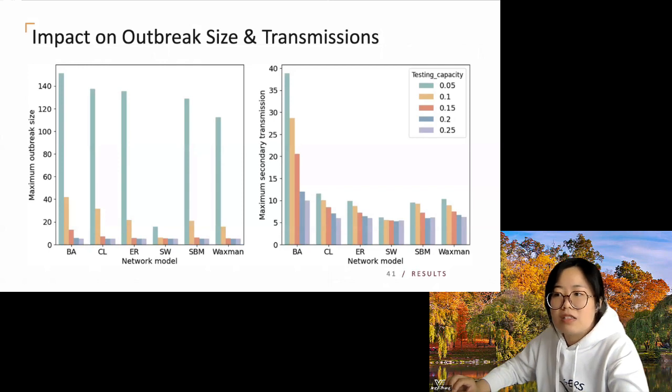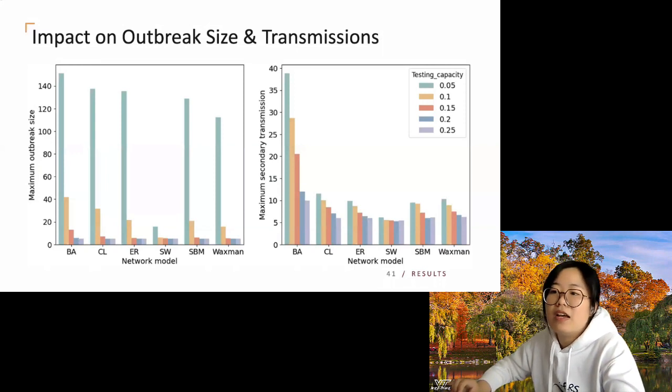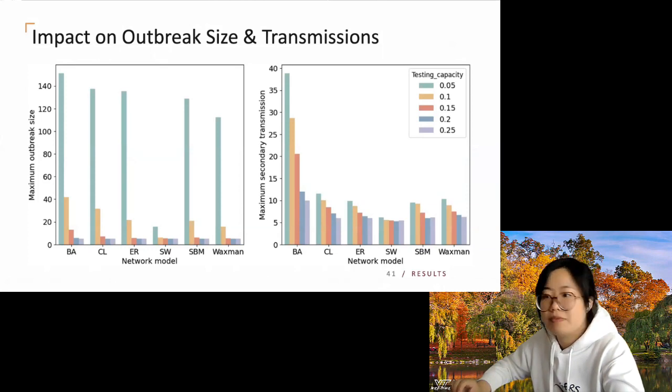The spread of the disease is not effectively contained on any network model when the testing capacity is 5% of the whole population, since the limited testing resources are insufficient. Especially in the Barabasi-Albert model, the outbreak size reaches 15% of the whole population.